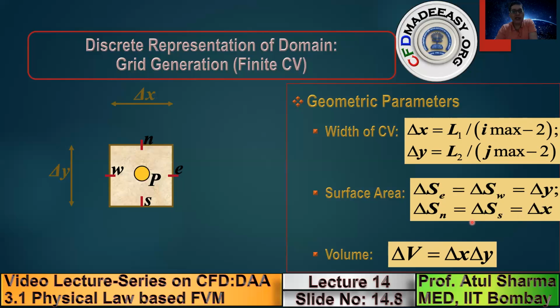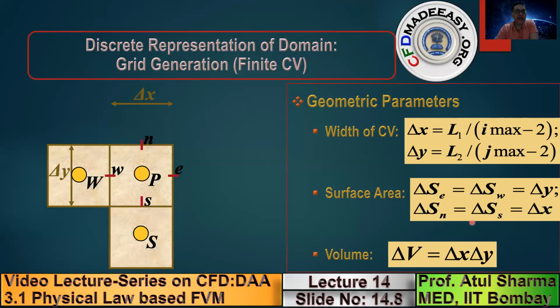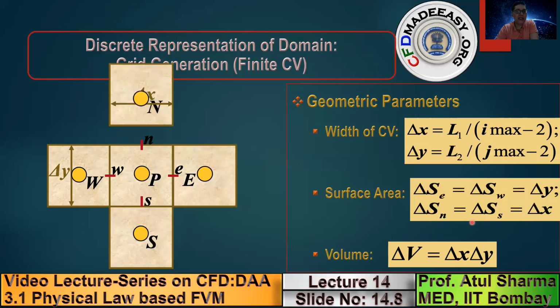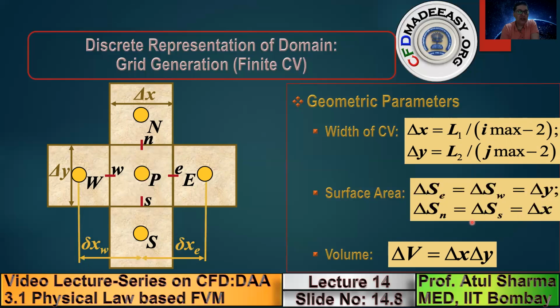Along with the surface area and volume, we also need certain distances between, as I mentioned earlier, any grid point and its adjoining east, west, north, south neighbors. These are the distances in the x direction for any representative grid point P. If you want its distance from capital E, which is on the east face, we denote it as delta x E. This distance is in the x direction.